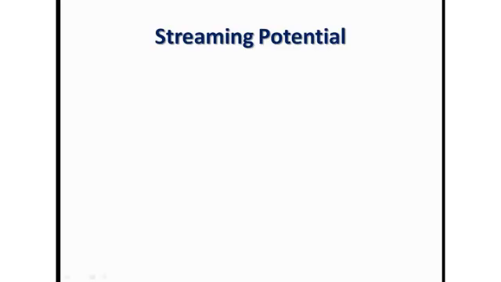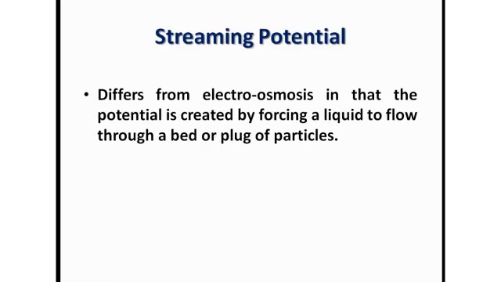The next concept is the streaming potential. You see, streaming potential differs from electro-osmosis in that the potential is created by forcing a liquid. Here colloids will not go. Streaming potential means the potential created by forcing a liquid to flow through a bed or plug of particles.